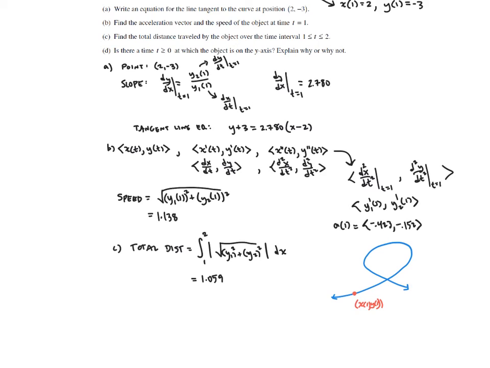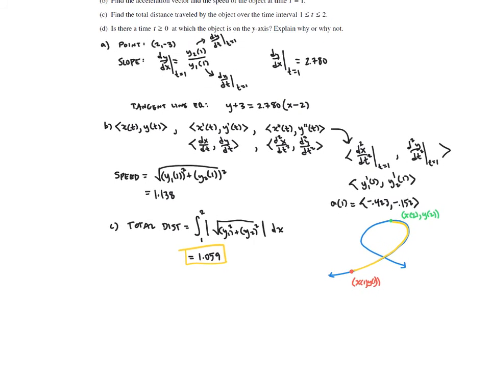Okay, and then let's say that this point right here is the position at time 2, and the y position at time 2, whatever that might be. Well, this calculation for the total distance would be the length of the curve. Okay, so that would be the length of the curve on that interval. It's pretty cool stuff.